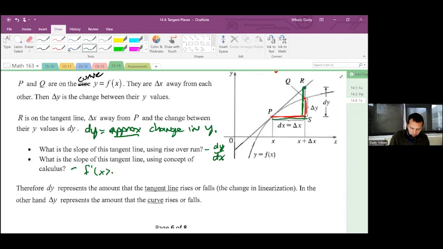So once again, dy is tied to the tangent line. Delta y is tied to the curve. So one of them is exact, one of them is approximate. It looks kind of confusing. It's actually not that difficult to work with.